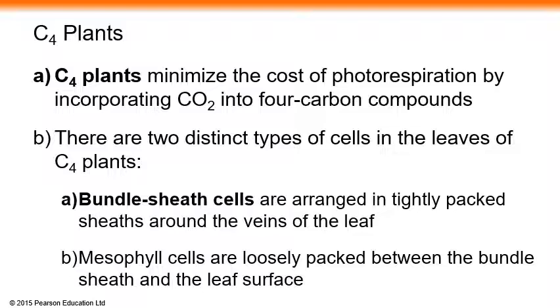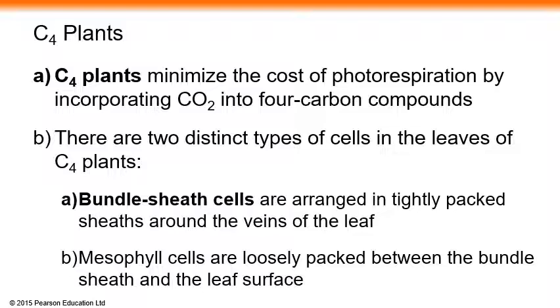There are 2 distinct types of cells in the leaves of C4 plants. One, bundle sheath cells, are arranged in tightly packed sheaths around the vein of the leaf.